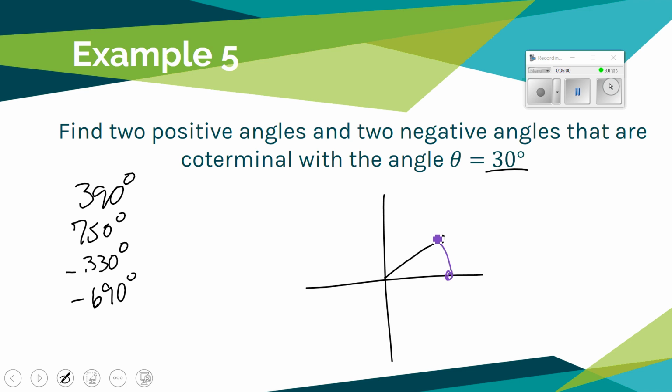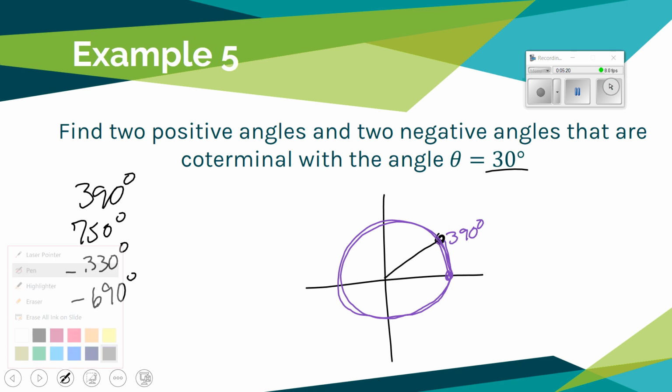I can't just go 30. So if I rotate all the way around here, how much is that? Plus another 30 would be 390. Does that make sense? Because I went all the way around plus another 30, and that would end me in the same position. All right, I'm going to keep going in a positive direction.